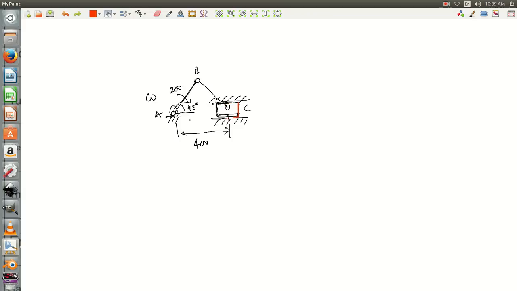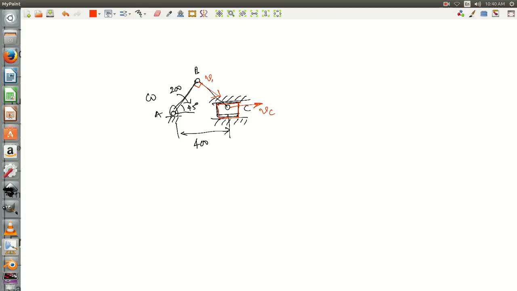For instance, in this case, since this link AB is rotating with respect to link A, the direction of the velocity of B will be perpendicular to AB, right? Similarly, the slider is sliding in a horizontal direction with respect to the fixed link, hence the direction of the velocity of C will be over here.